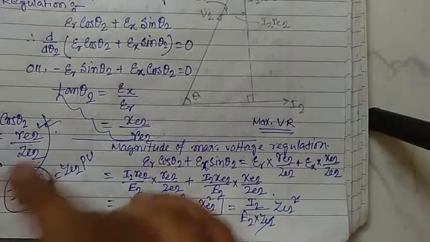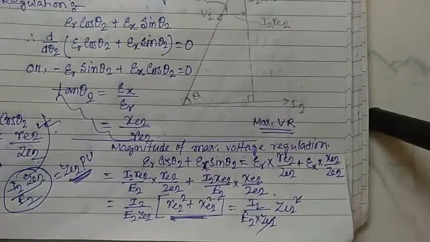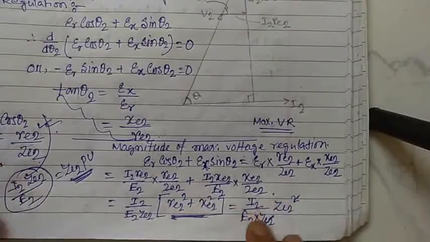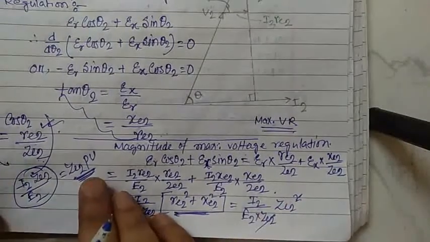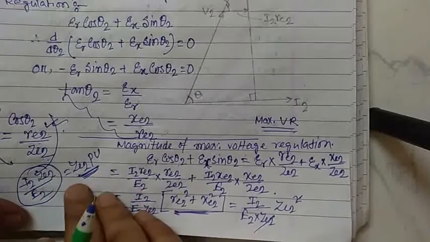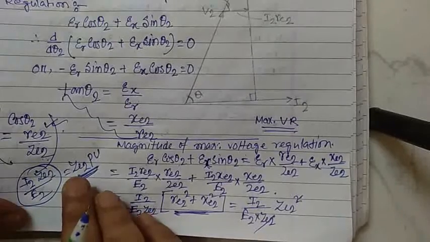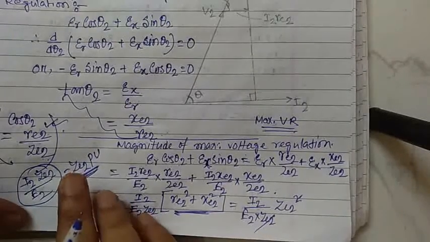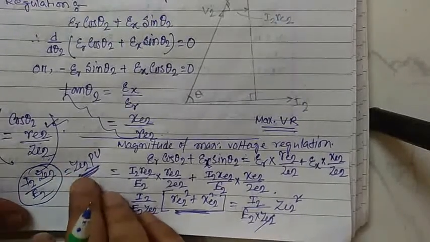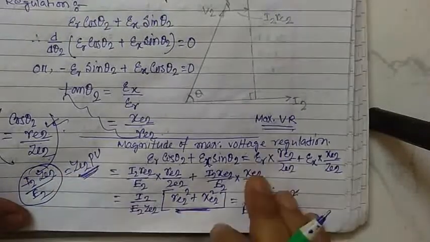Remember that this is Ze2 per unit. Thus from this equation you can say the maximum voltage regulation of a transformer is equal to the value of the equivalent leakage impedance.